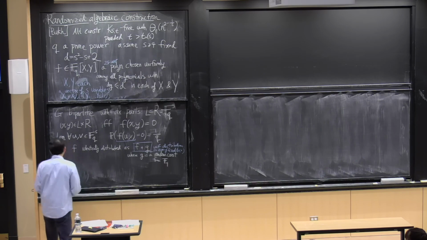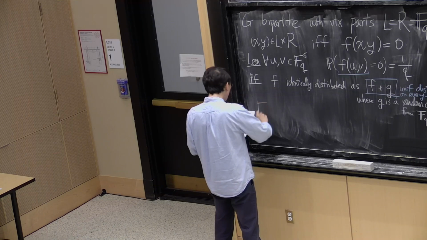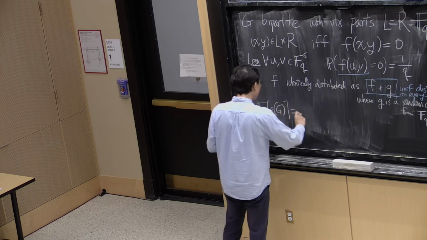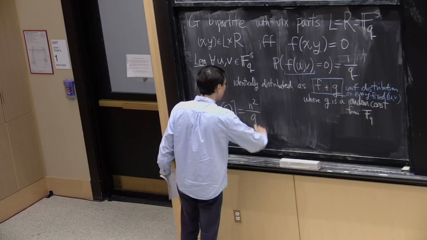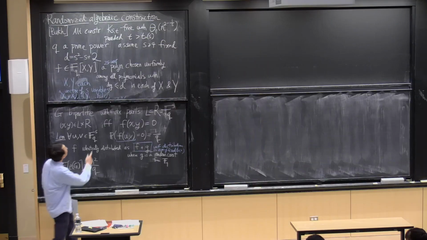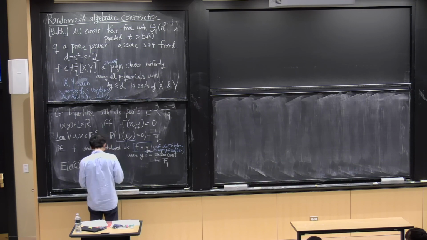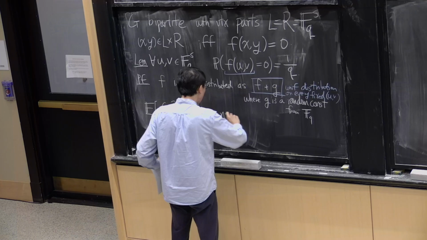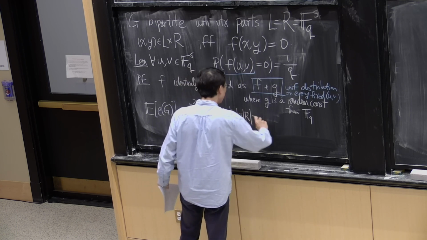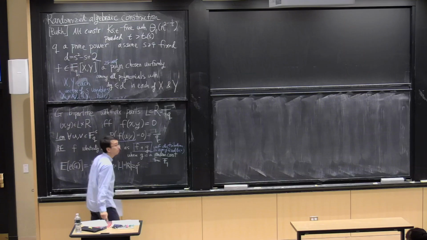As a result, the number of edges of G in expectation is exactly n squared over q, where n is not the number of vertices, but the size of each vertex part, namely q to the s.